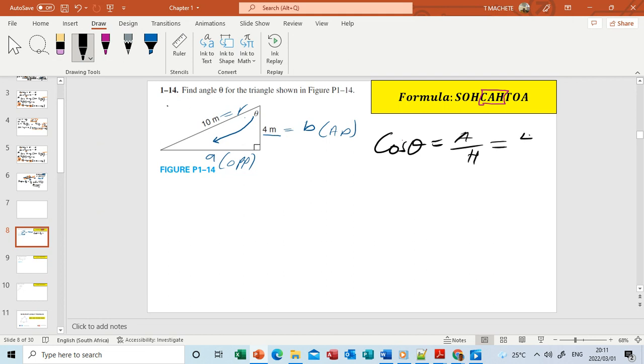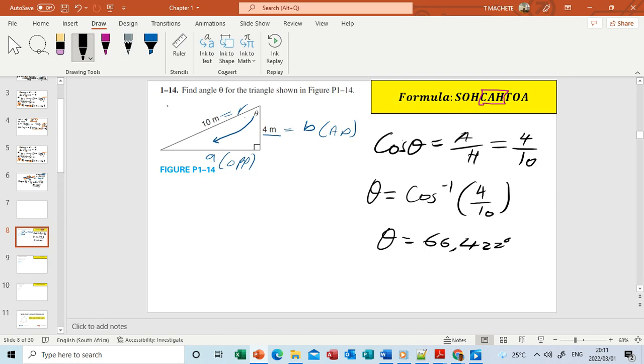Adjacent is 4, hypotenuse is 10. Then you can find your theta. 4 over 10. Then your theta will be, just punch this on the calculator as it is. And then you'll get 66.422 degrees. Then that's how you do it, guys.